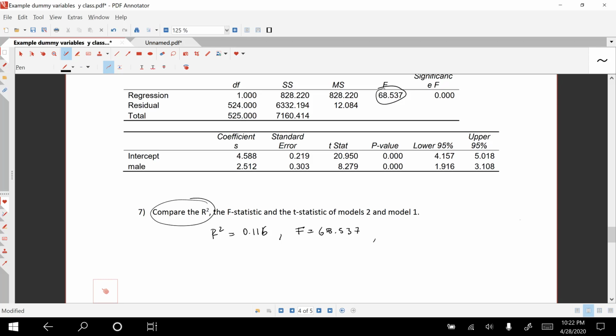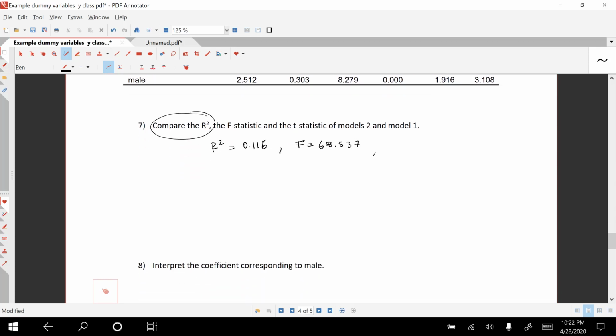Okay, so let's look at the test statistics, the t-values for the coefficients. I'm going to summarize here. Let's look at the model with female and the model with male.